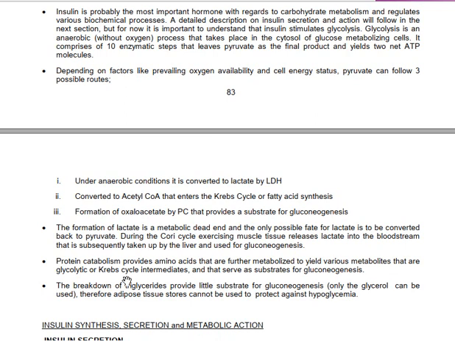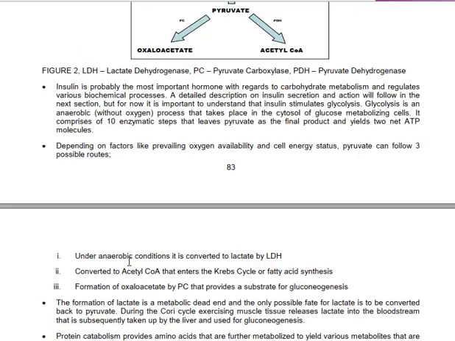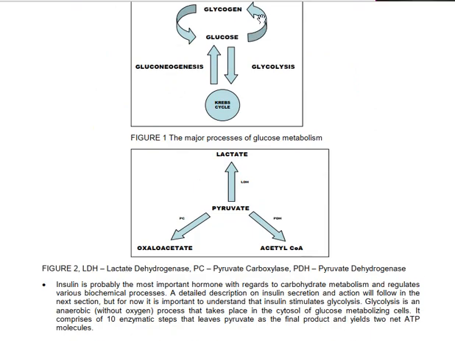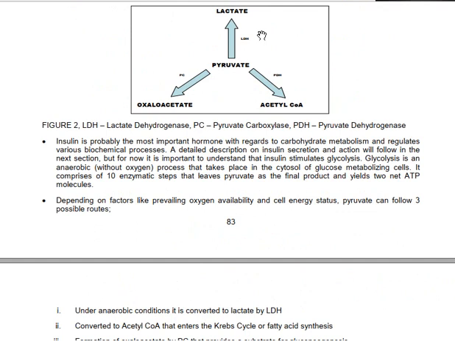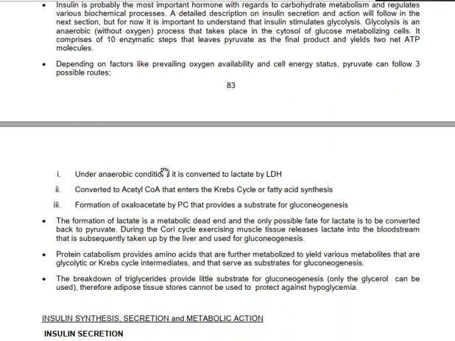So all these molecules are involved in these cycles. Now, the formation of lactate is a metabolic dead end. When pyruvate is converted to lactate, lactate cannot be converted back to pyruvate except at the level of the liver.